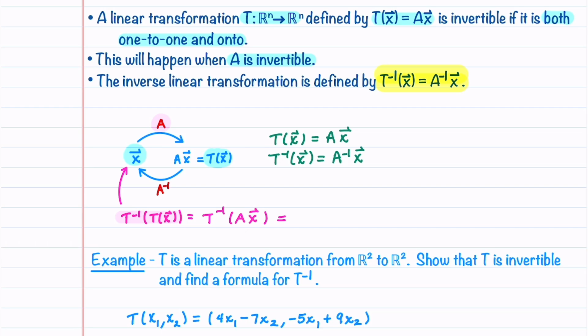And this is equal to, following this definition up above, A inverse times A times x. And this is just equal to x. This is shown in our graph that when we multiply A x times A inverse, we get back vector x.